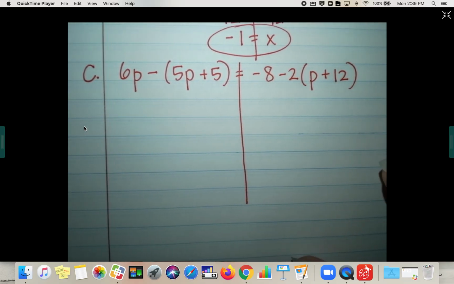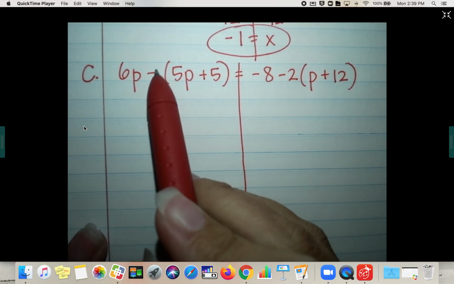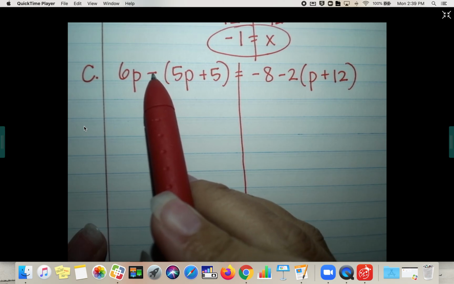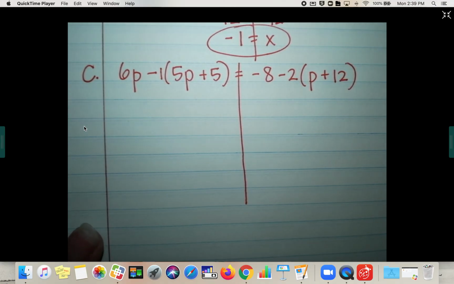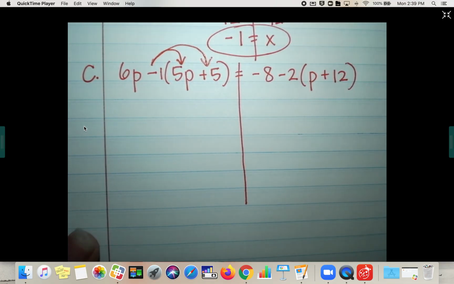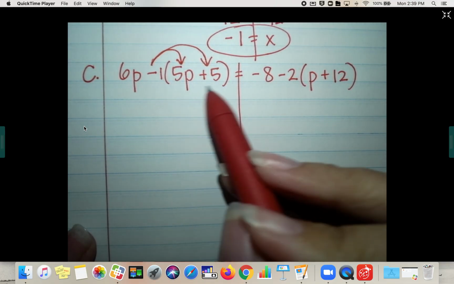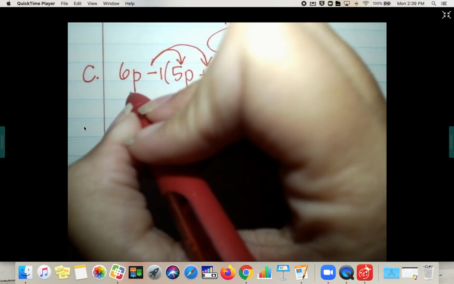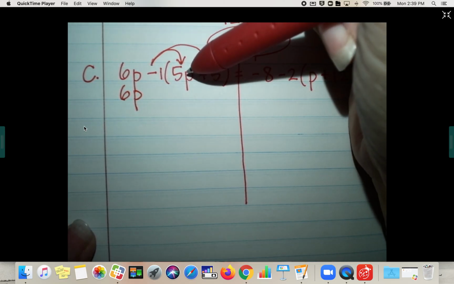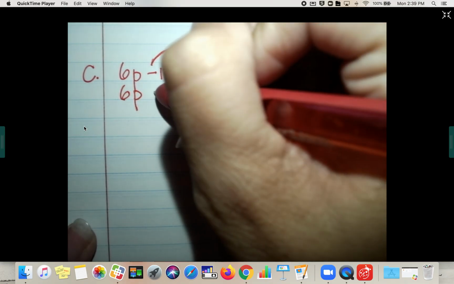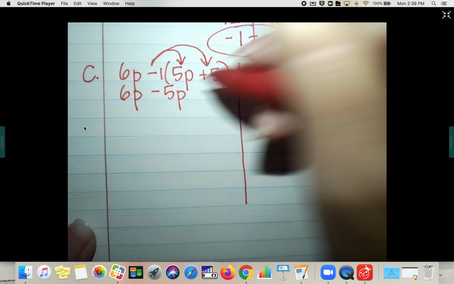You have to distribute first, but there's nothing here to distribute besides a minus. So anytime this happens, that means there is a hidden invisible little 1 next to the parentheses. So we are actually distributing negative 1 to this stuff. So I would just bring straight down your 6p. Distribute negative 1 times 5p, which is negative 5p.